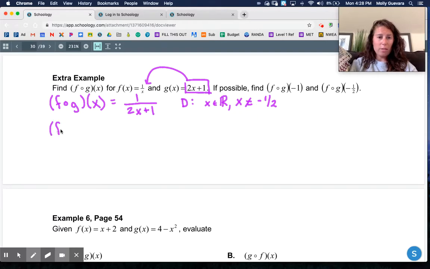So then it wants me to find f with g of negative 1. So I'm just going to plug in negative 1. So 2 times negative 1 plus 1 gives me 1 over negative 2 plus 1, which is negative 1/2.